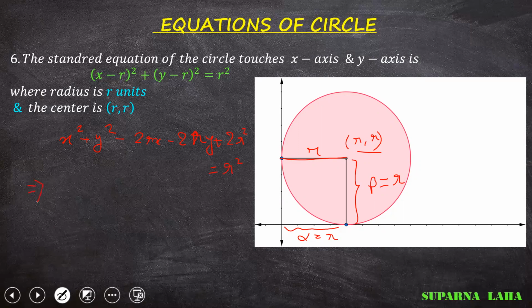So ultimately the equation is x square plus y square minus 2rx minus 2ry plus r square equals 0. If you expand this equation, you will find this general form. So these are the 6 standard forms and one general form of the equation of the circle.